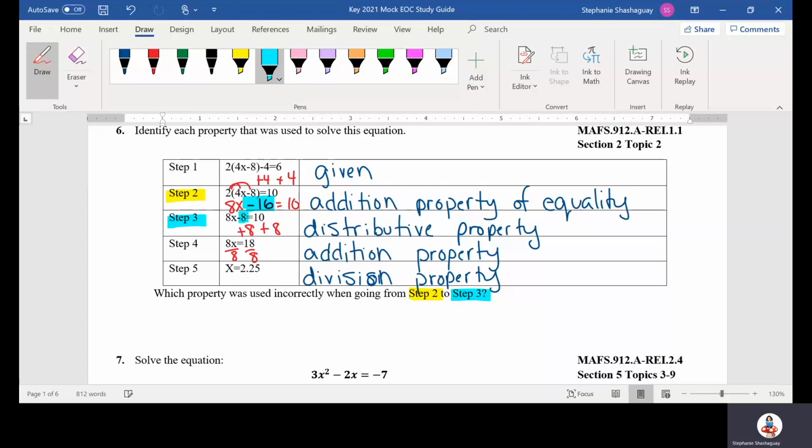But in their version, they got a negative 8. So the property that they used incorrectly was the distributive property. They didn't multiply the 2 times the 8.